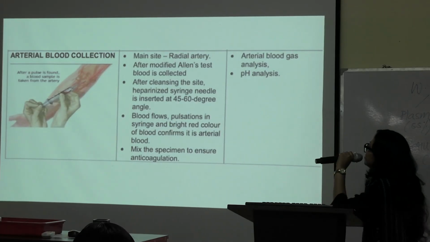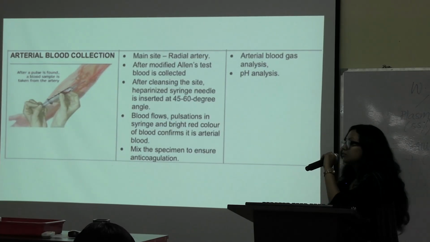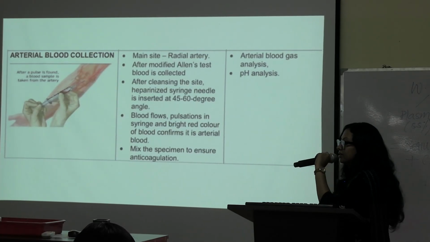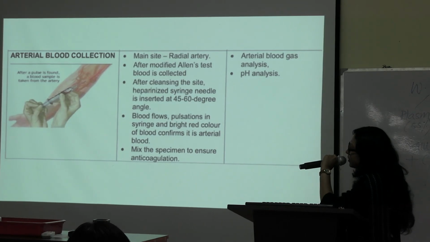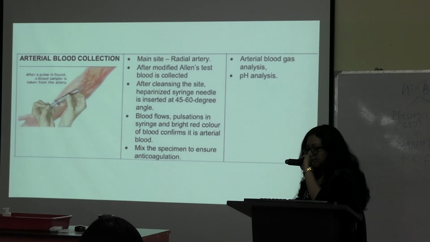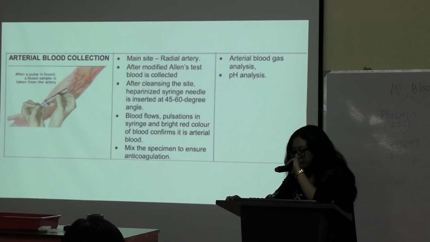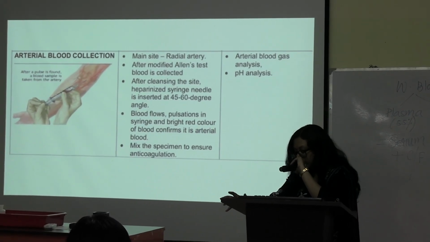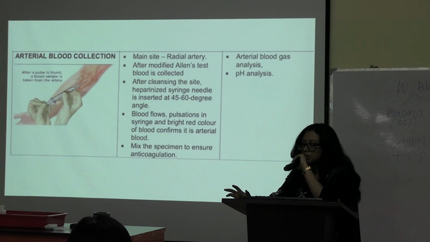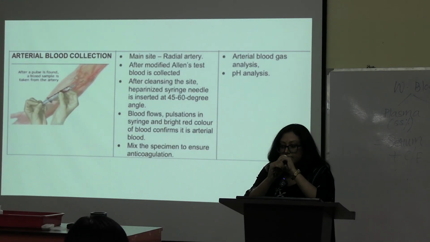this is arterial blood collection. Arterial blood collection is mainly a medicine topic. Still you have to remember some specific points. The main site is the radial artery. Okay, and then other arteries are the femoral and brachial artery. There is something called the modified Allen's test.